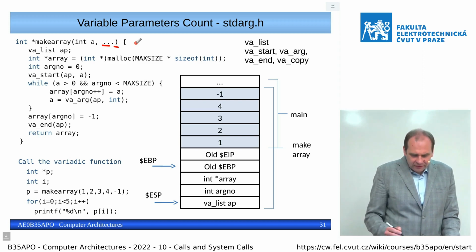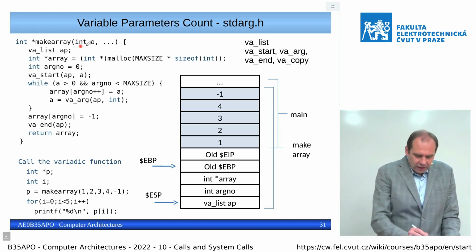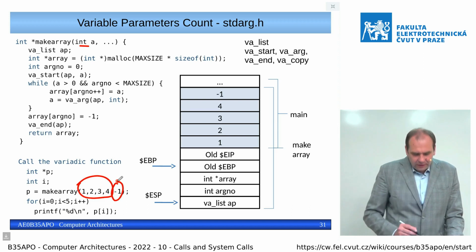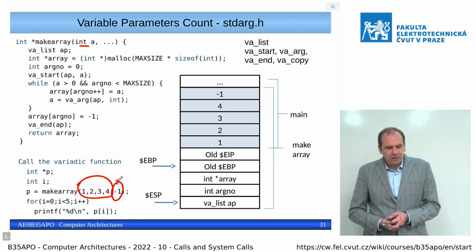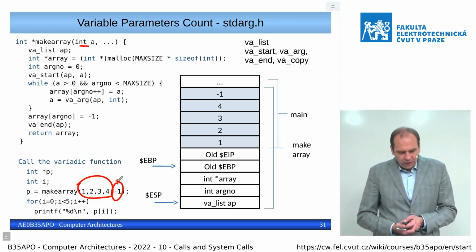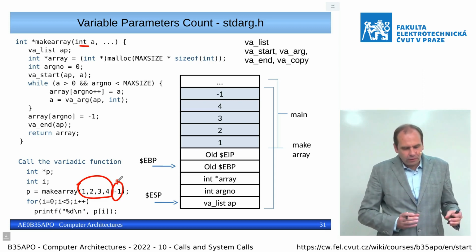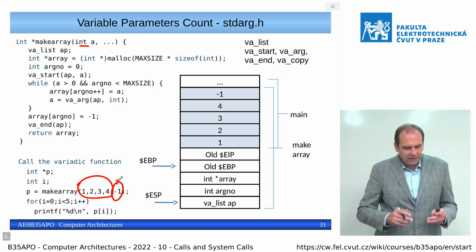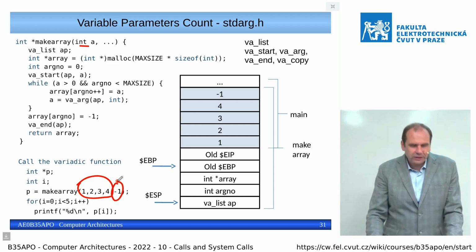But in this case, we try to implement a much simpler function which gets a variable number of arguments ended by a -1 value, and it prepares those arguments, allocates the memory for this, and builds the array from those elements.